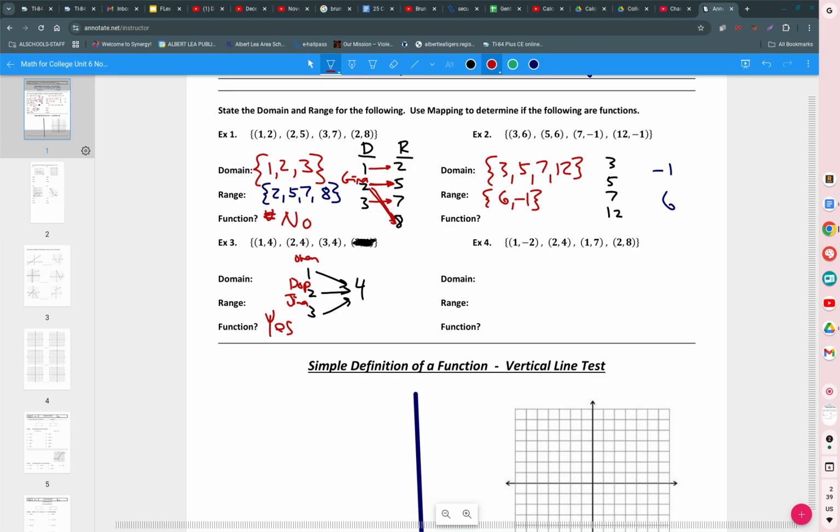We said that 3 goes to 6, 5 goes to 6, 7 goes to -1, 12 goes to -1. You've now seen 2 examples. Is this a function? Yes or no, and why? Talk to the person next to you. What do you think? Yes. It's because the domain is gone twice. This is yes.